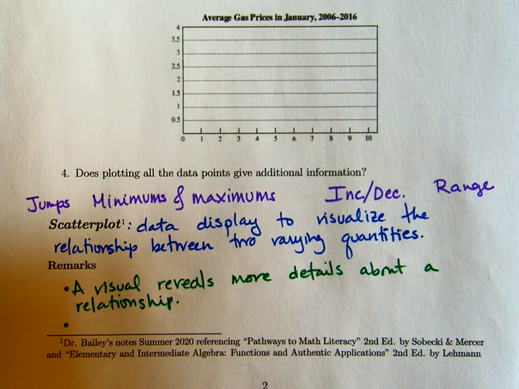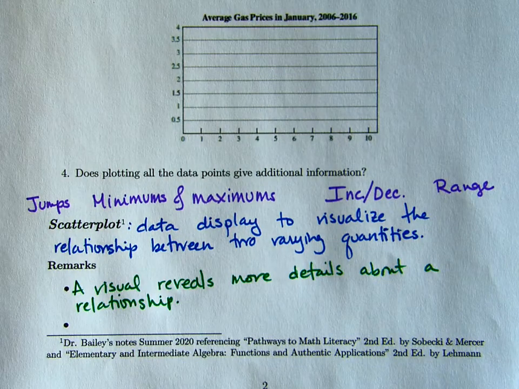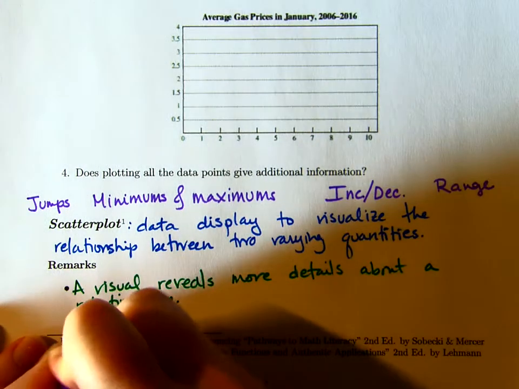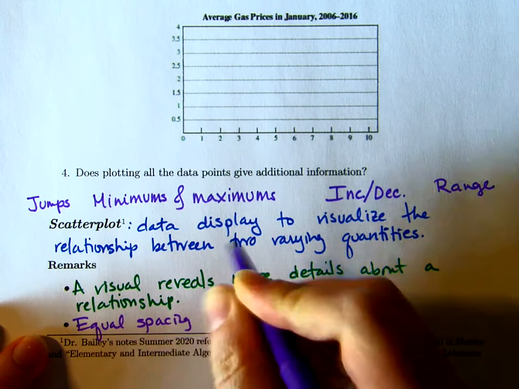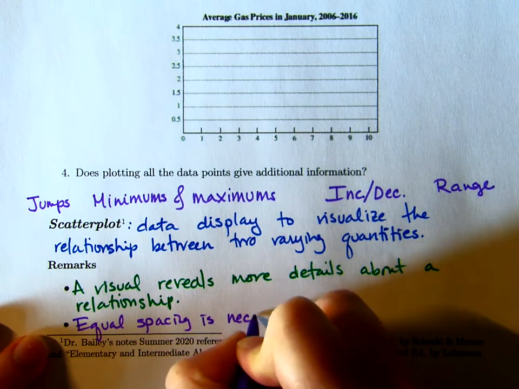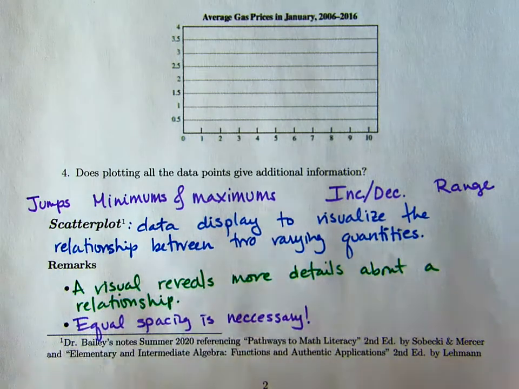My second remark is this. Equal spacing on each axis is necessary or else your visual is skewed. I better write that down. Equal spacing is necessary.